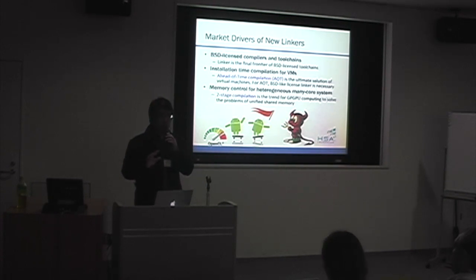It's called unified shared memory. GPU and CPU will share the same memory layout and use the same memory space. And this change will lead to a lot of problems in the memory sharing. So they need a linker to handle the memory space.